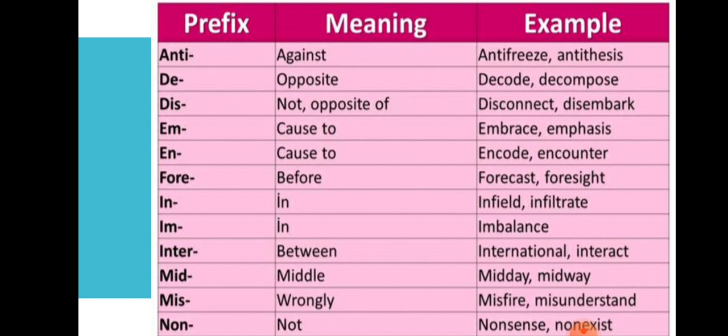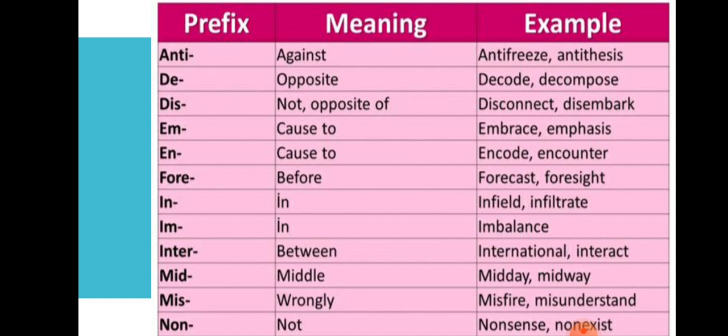Antifreeze, antithesis, decode, decompose, disconnect, disembark, embrace, emphasis, encode, encounter, forecast, foresight, infield, infiltrate, imbalance, international, interact, midway, midday, misfire, misunderstand, nonsense, non-exist. For all these prefixes they have given meaning.